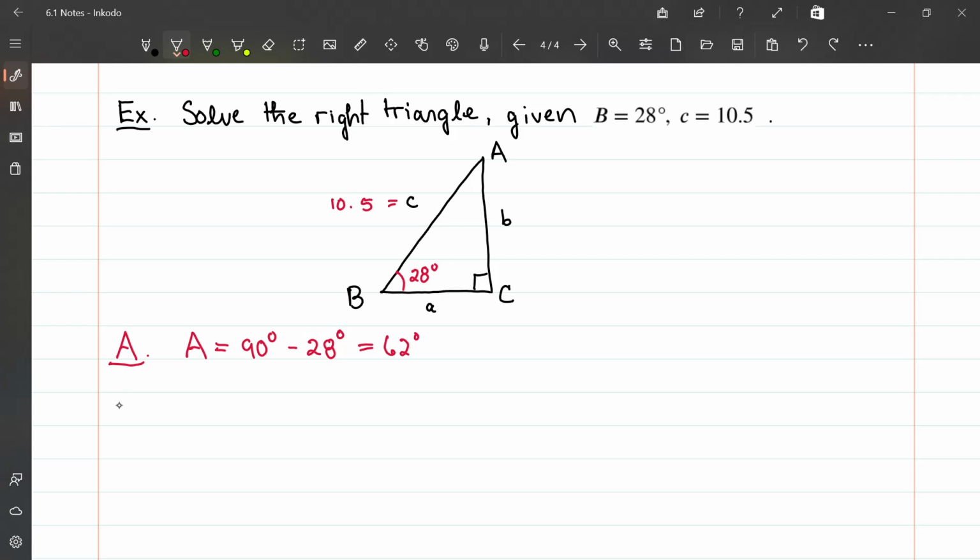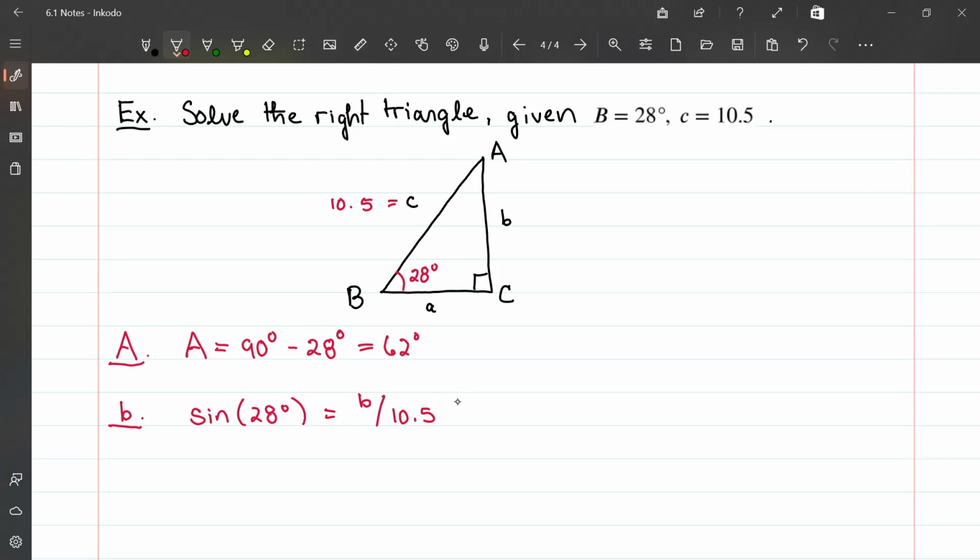So if I want to solve for little b using the information I was given, then one of the things that I should note is that if I take sine of big B, sine of 28 degrees, then I should be calculating that by taking the side opposite, the unknown, and dividing it by the hypotenuse, which is 10.5.